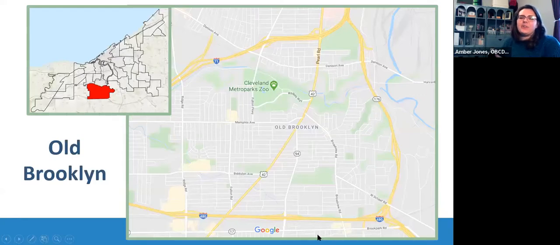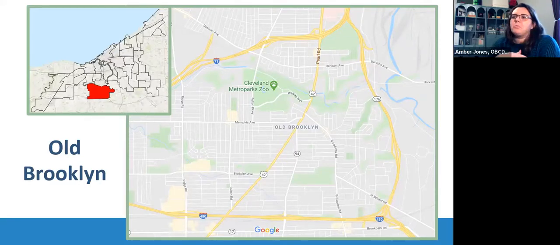To give you a little bit of reference on the Old Brooklyn neighborhood, Old Brooklyn CDC is located just south of Cleveland City Center, about 10 minutes from downtown by car. As you can see in the enlarged map, this is our neighborhood. It is the largest one in Cleveland at about 35,000 people and about 6 square miles.